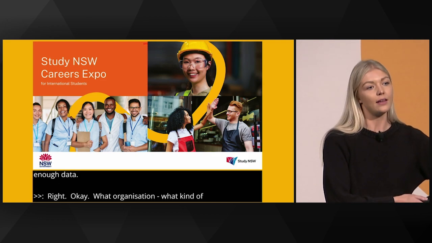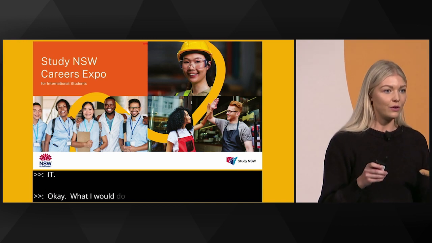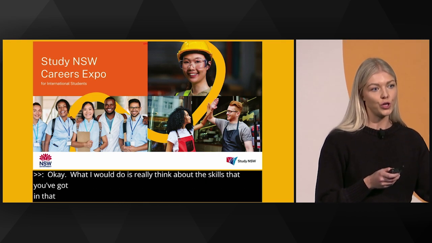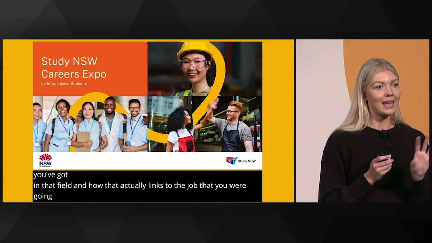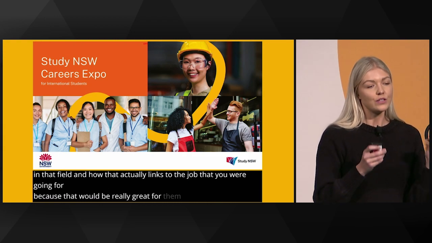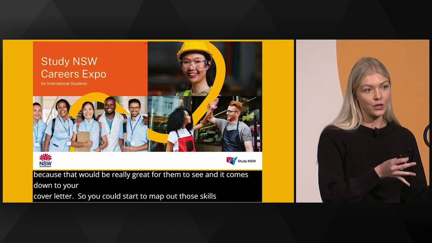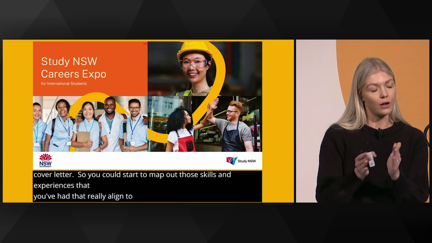IT. IT, okay. So what I would do is really think about the skills that you've got in that field and how that actually links to the job that you were going for, because that would be really great for them to see, and it comes down to your cover letter. So you could start to map out those skills and experiences that you've had that really align to that specific role that you're going for.